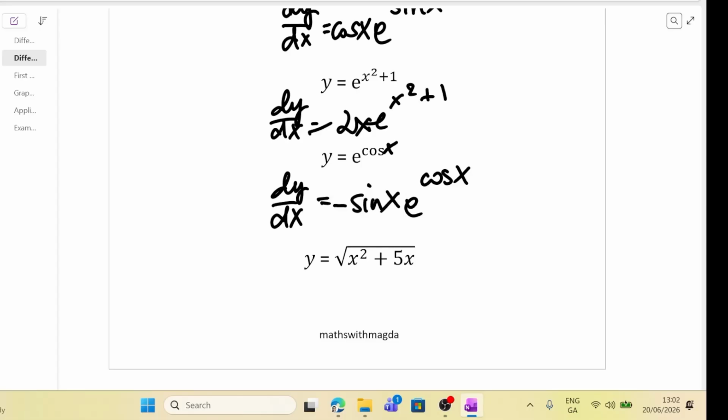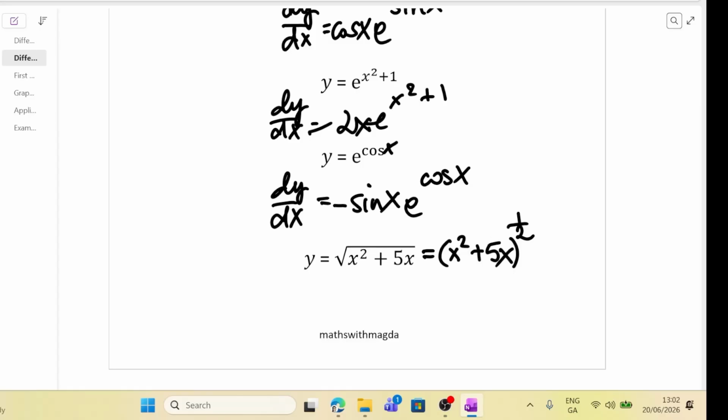Now, what is next? We move on to another type of function. So now I have a square root. The square root doesn't tell me how to differentiate something like this, but I know that the square root is the same as power of a half, and then you can clearly see that again I could use the chain rule.